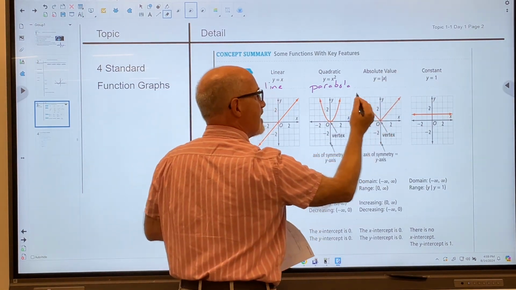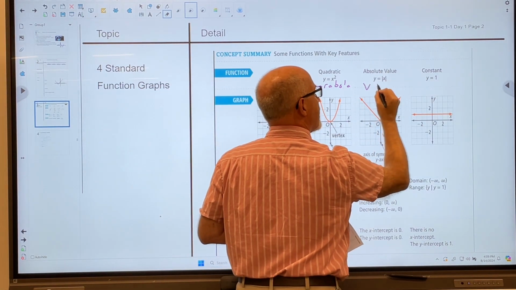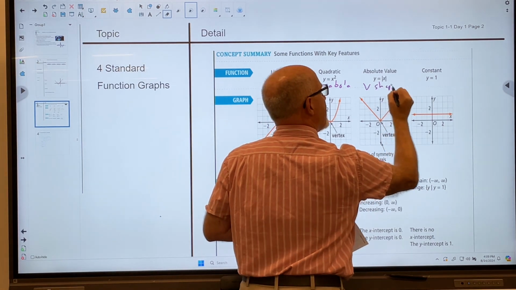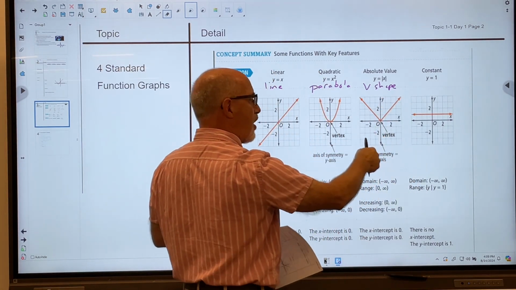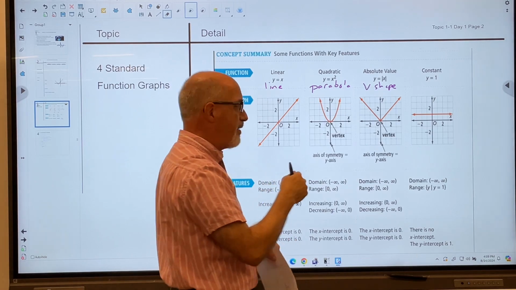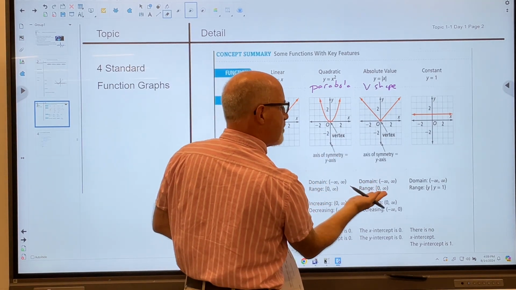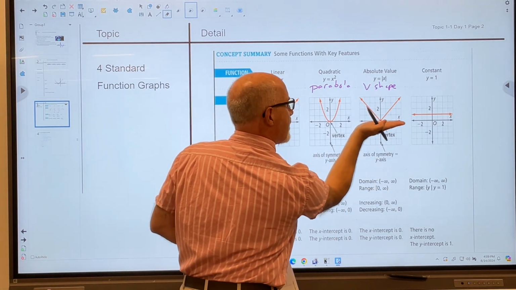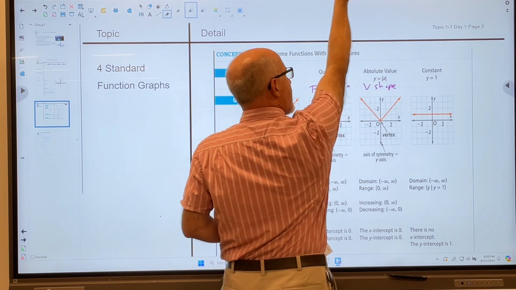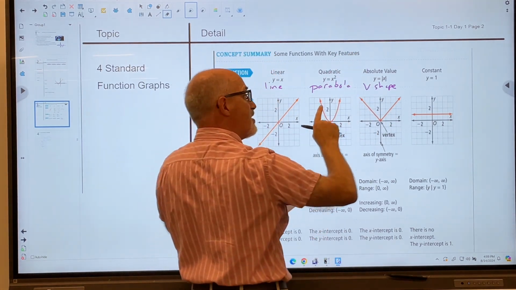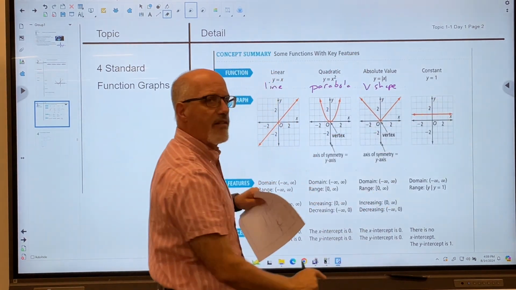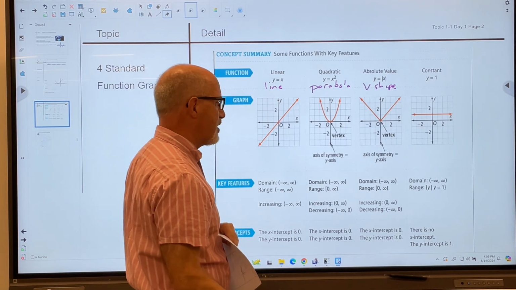Same with this one. This is a V shape. That V shape is for our absolute value graph. Notice that the range is from 0 and above, so the y values stop at 0 and go up higher, but the domain keeps going on forever in both directions.